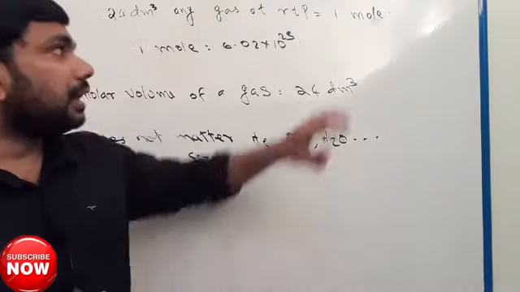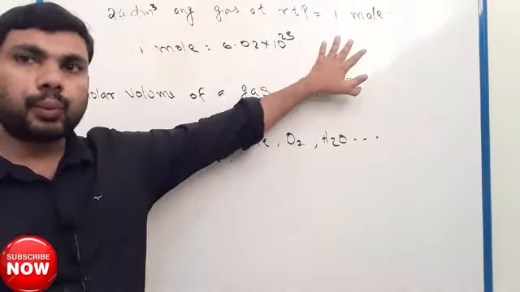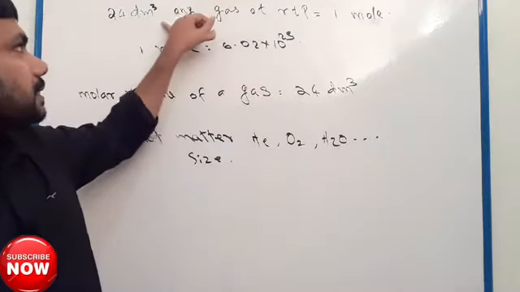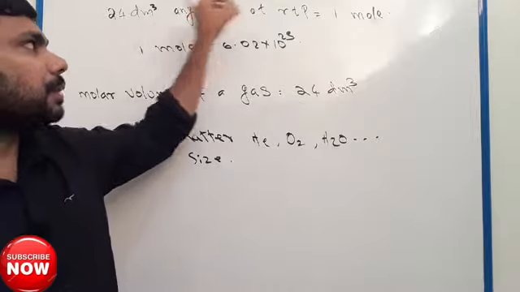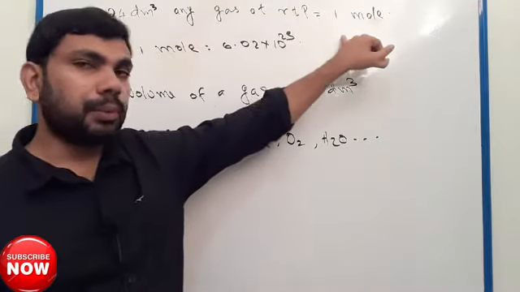So they will be 1 mole. Different gases, their volume 24 decimeter cube at RTP, it is 1 mole.